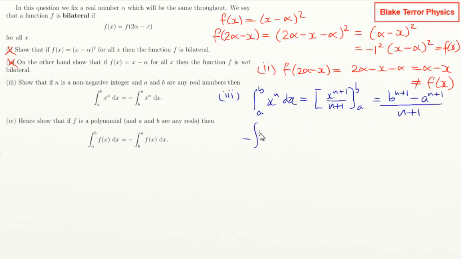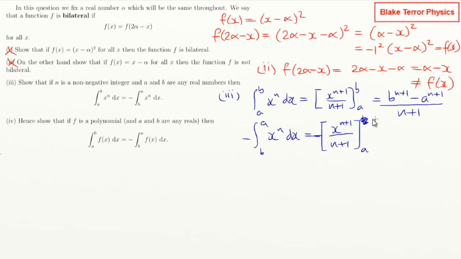Then let's do the next one. So minus, we're doing the same thing, but this time b to a. I mean, we know this is true. It seems like a really weird thing to get us to show. Don't forget the minus sign there, because we do this all the time, flipping these limits around and putting a minus sign there.